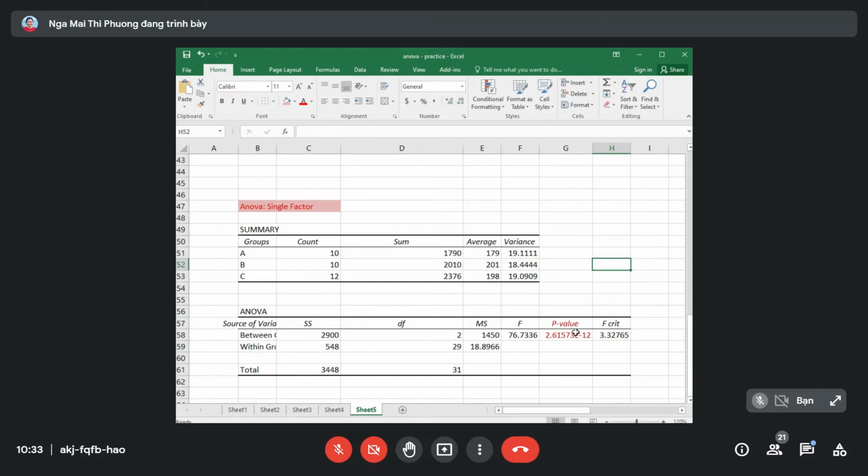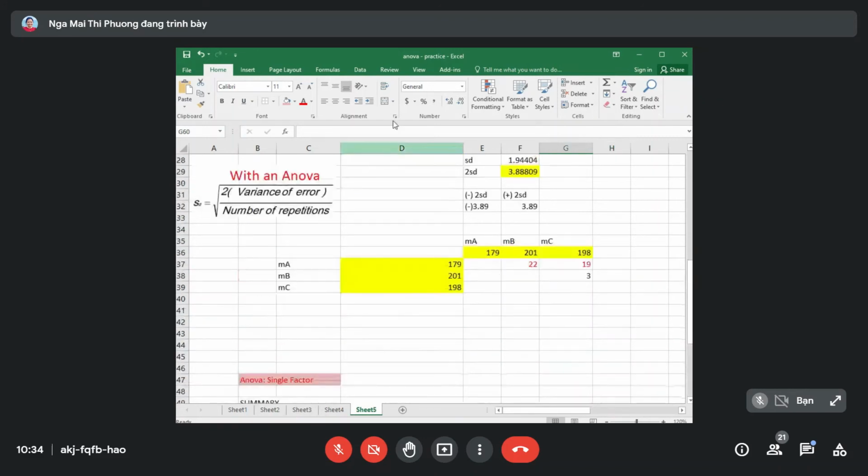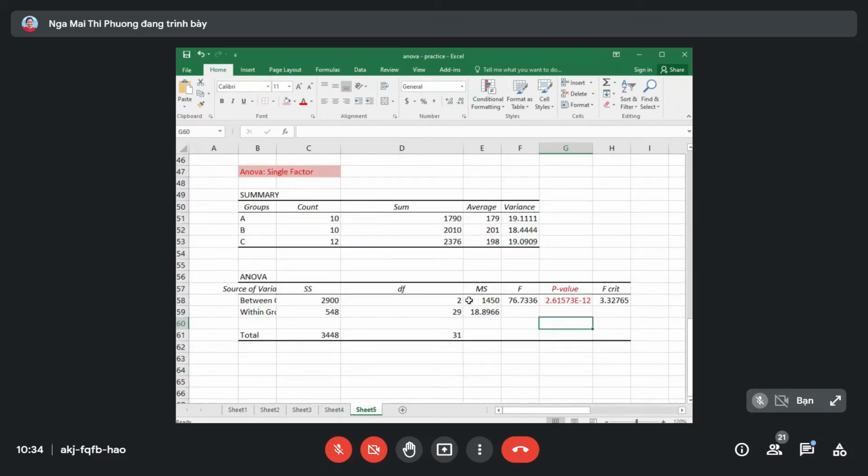So we also can reject the H0 and we accept the H1. That means we can conclude using two methods: one is F, and one is using the p-value, right?